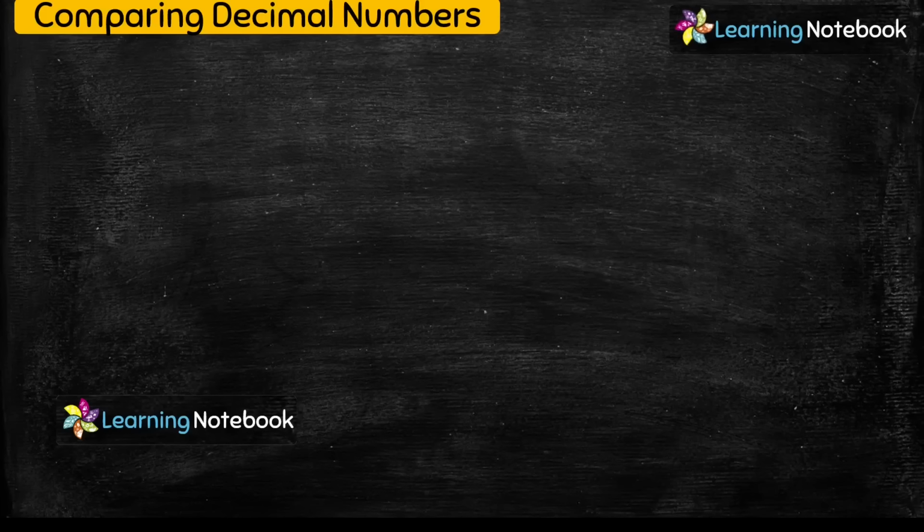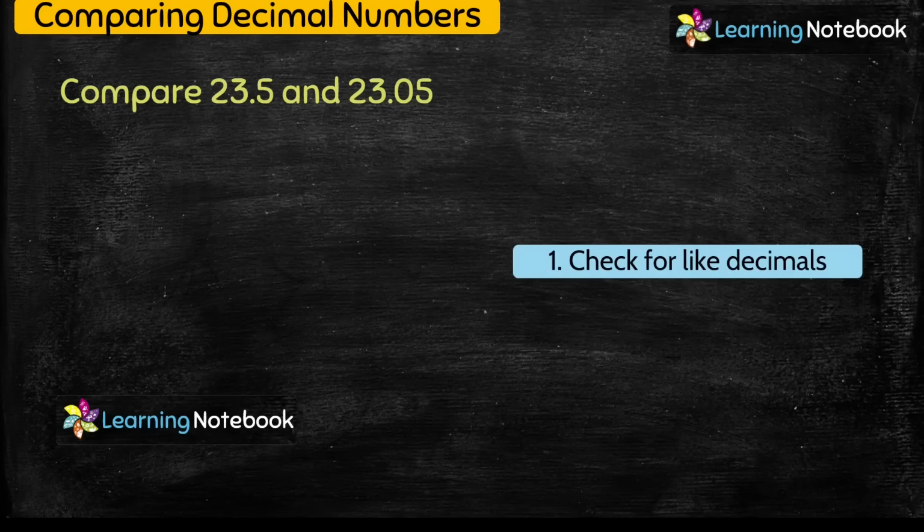Let's do another question. Compare 23.5 and 23.05. So step 1 is check for like decimals. Students, we can see that the first decimal number has only one decimal place, while the second decimal number has two decimal places.